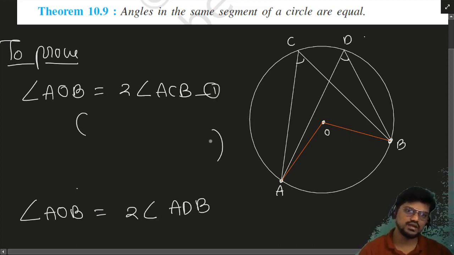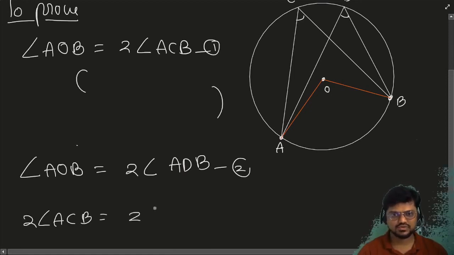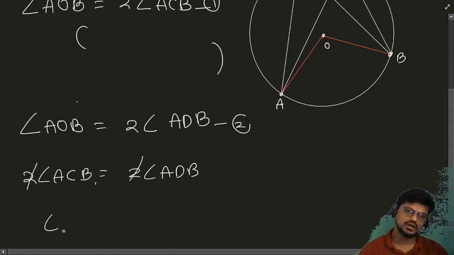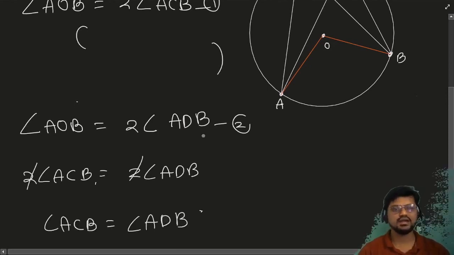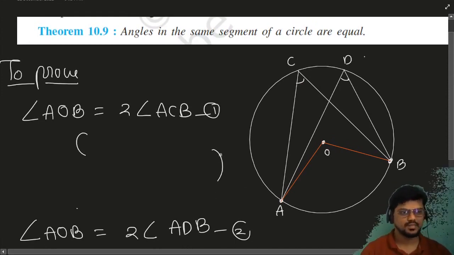So from 1 and 2, I can equate both of them because the LHS is same. Therefore, twice of angle ACB equals twice of angle ADB. And after cancellation, what I get? Angle ACB equals angle ADB. And therefore, angles in the same segment of a circle are always equal. This is the reason. Understood?